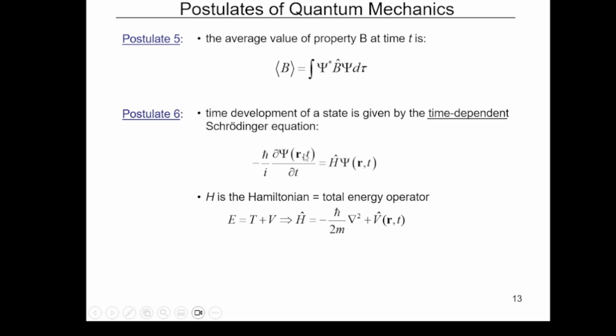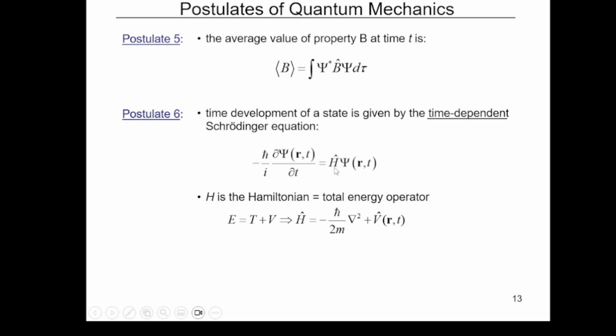Now, if I include time in the wave function, it becomes time dependent. If I don't include time here, it becomes time independent. In general, when we talk about the Schrödinger equation, it is time independent, but we can also include time to make it time dependent. So H is the Hamiltonian.